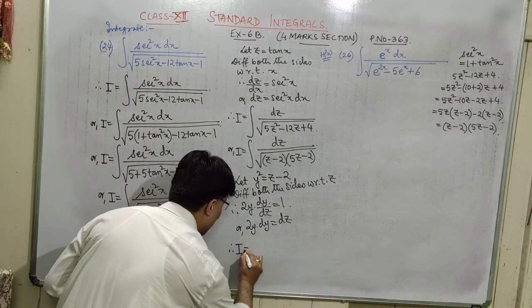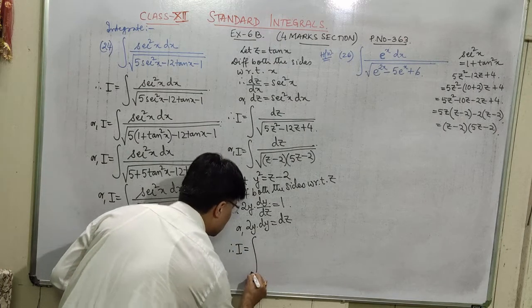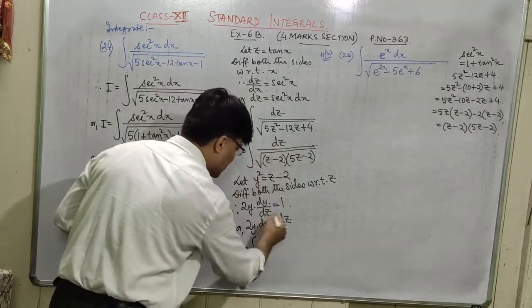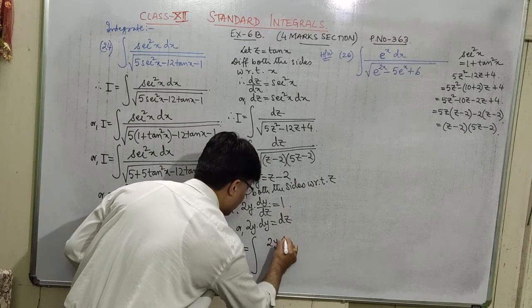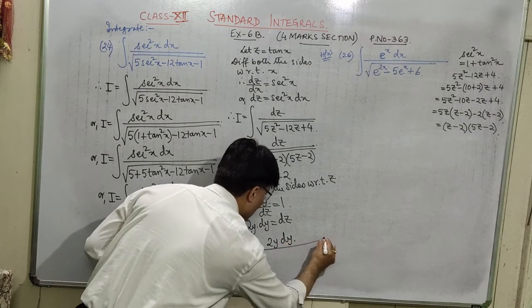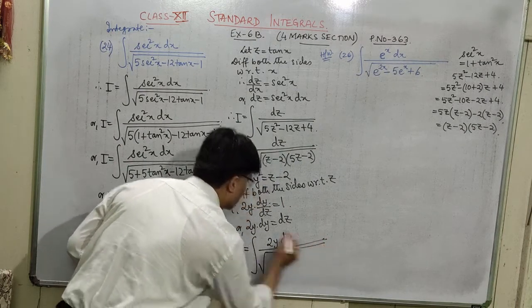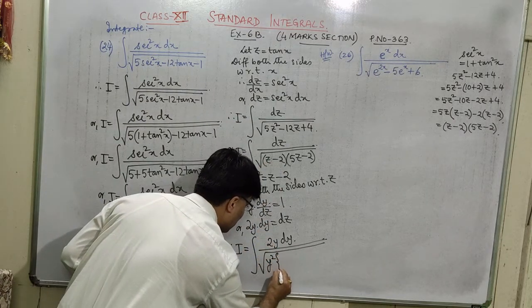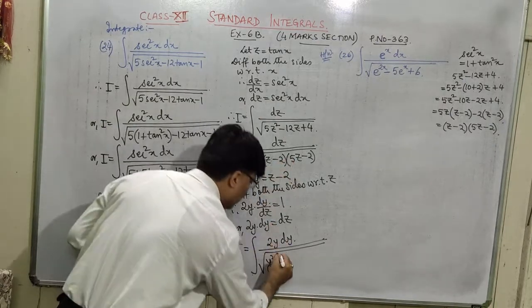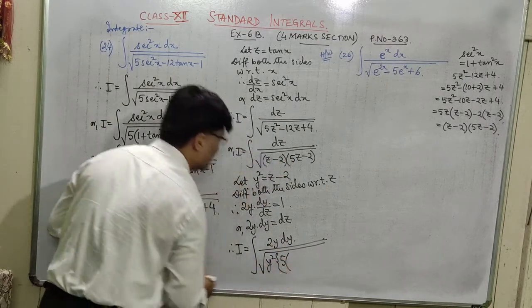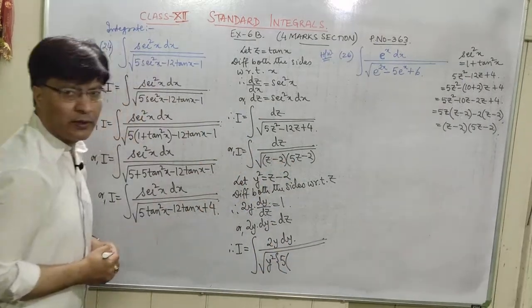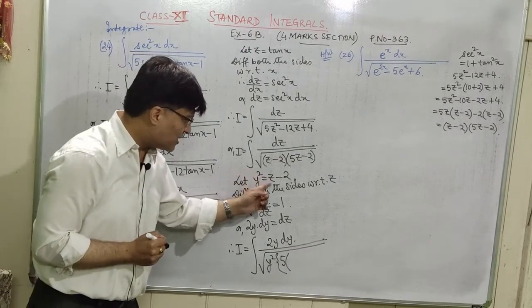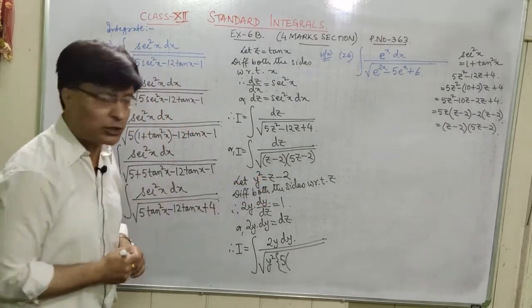So therefore I is equal to integration of, what is dz? 2y dy, right? So whole divided by, within square root, what is z minus 2? It is y square, right? So within second bracket there is 5. Let us write here 5. What is the value for z from here? You have to get the value for z from this method of substitution.